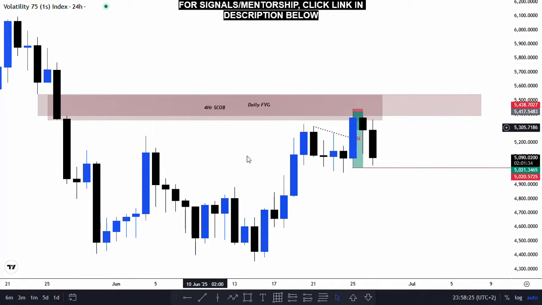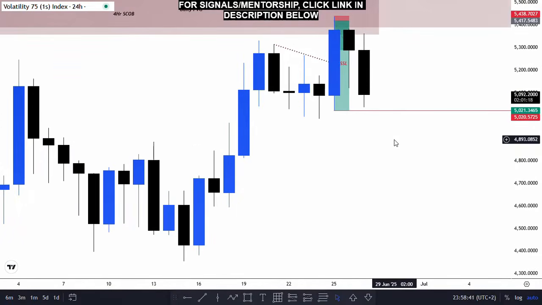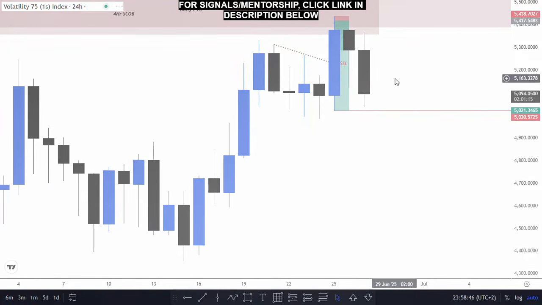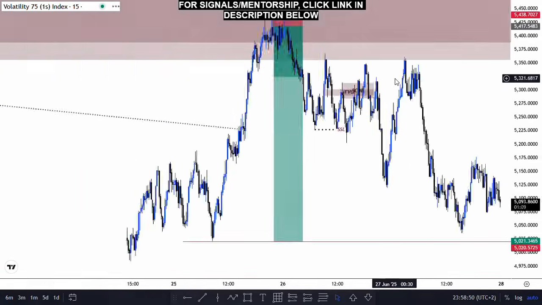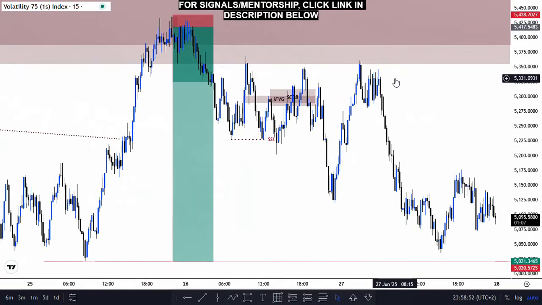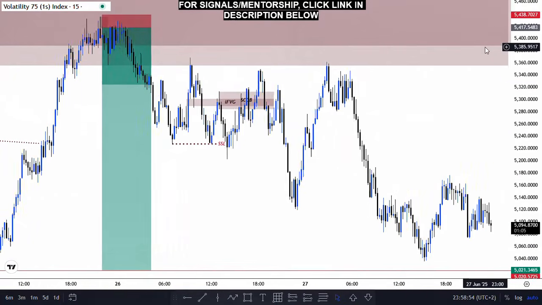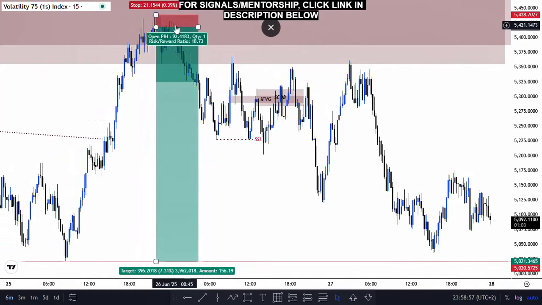That's the point of the signal group. You can see here I've already written the 4-hour scope and the daily fair value gap. This is a confluence of two higher time frames. Right now it may look like a small movement, but when we go down to the 15-minute chart, you can see it started all the way up there.